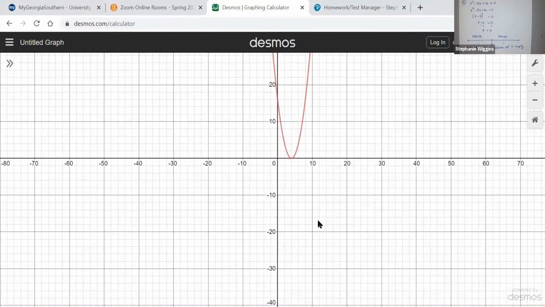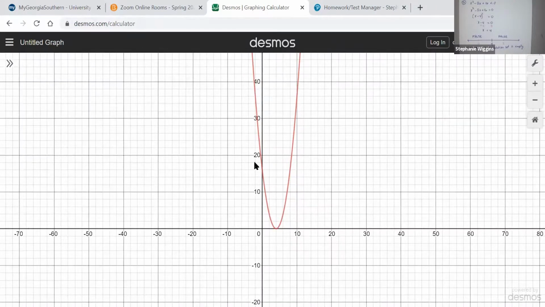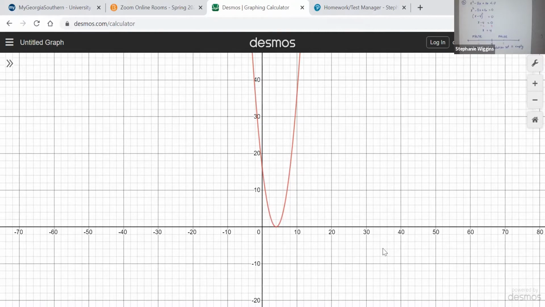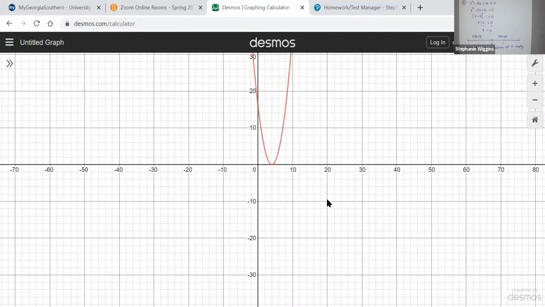Well, you can see, because this function is entirely above the x-axis and it's equal to 0 at this point, it's never less than 0. If it were less than 0, it would have to dip below the x-axis, but this area is all blank. So to ask the question, when is this function less than 0, the answer is never. No solution.